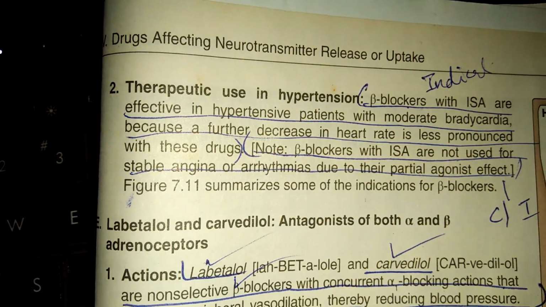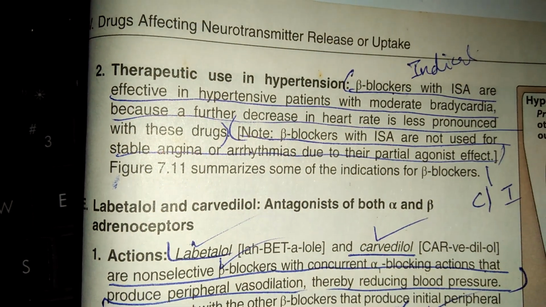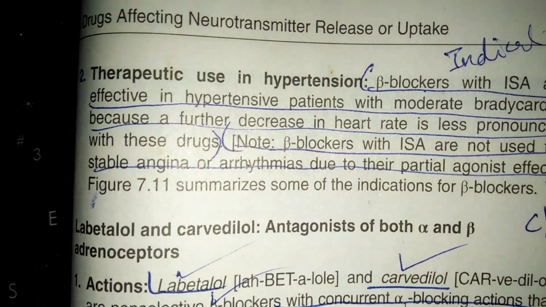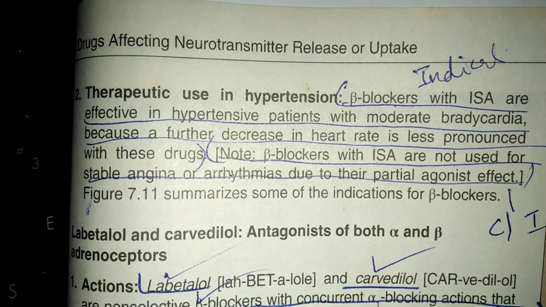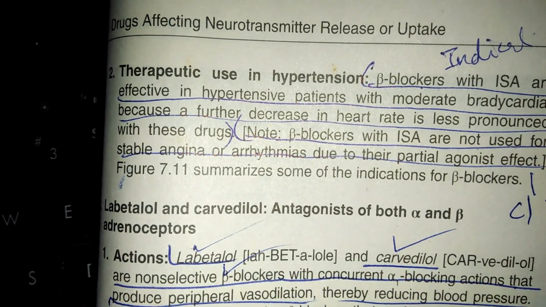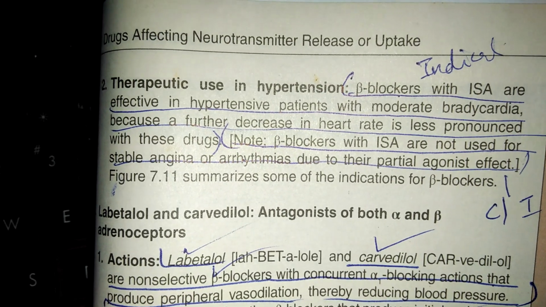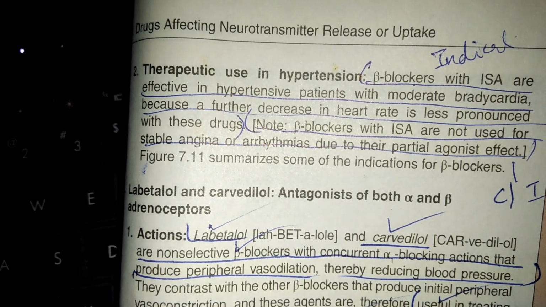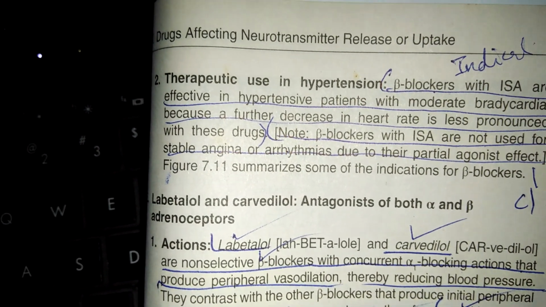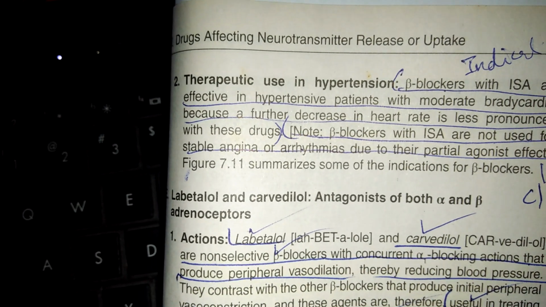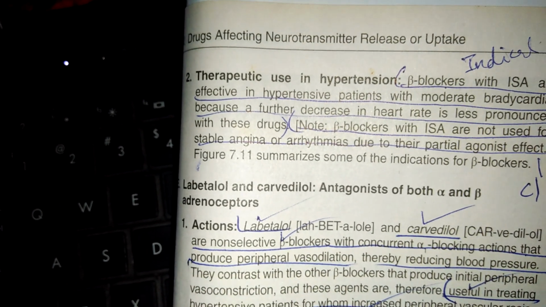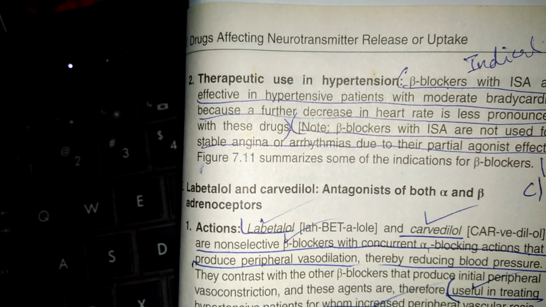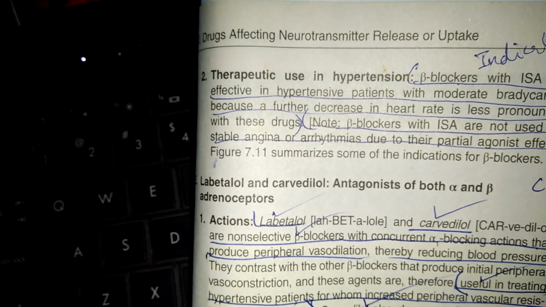So this is the clinical indication of the drugs with intrinsic sympathomimetic activity. So this is their importance. It is effective in hypertensive patients with moderate bradycardia, because a further decrease in heart rate is less pronounced with these agents.